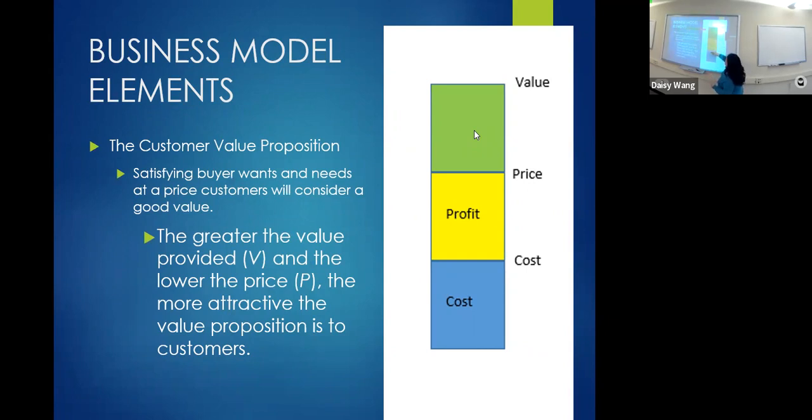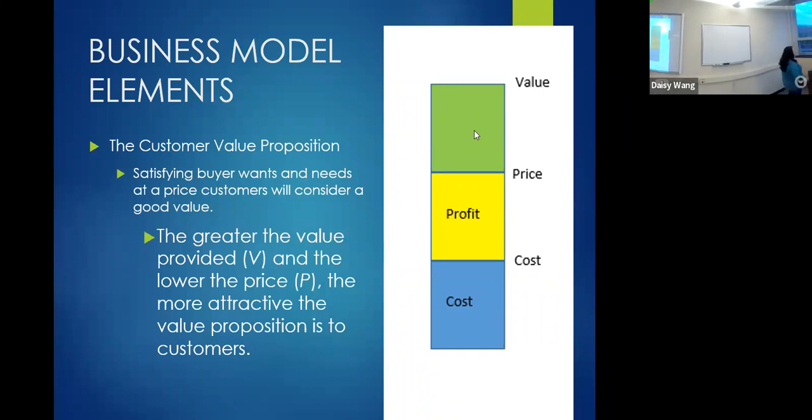At the same time, we can lower the cost. But when we lower the cost, we have to make sure the value is still there. Or when we increase the cost, we try to increase the value more, then our profit will be bigger. Okay, so it's something that we have to keep in mind.